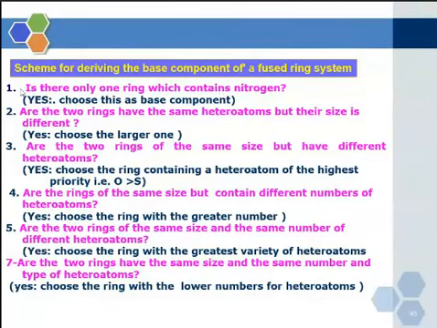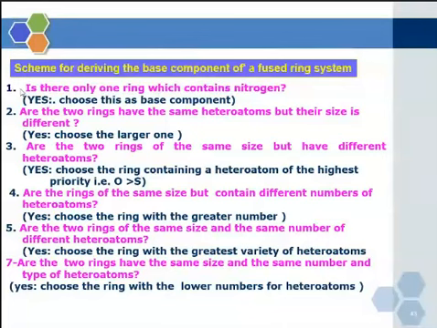When there are two rings of the same size and the same number of different heteroatoms, then the ring with the greatest variety of heteroatoms is chosen as the parent ring.